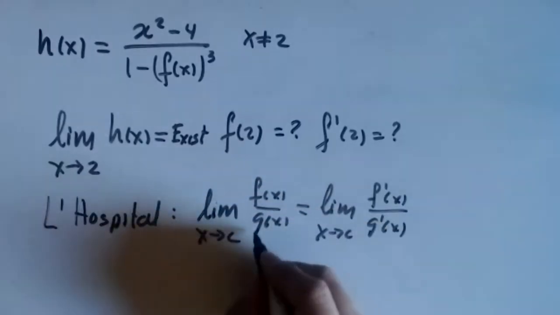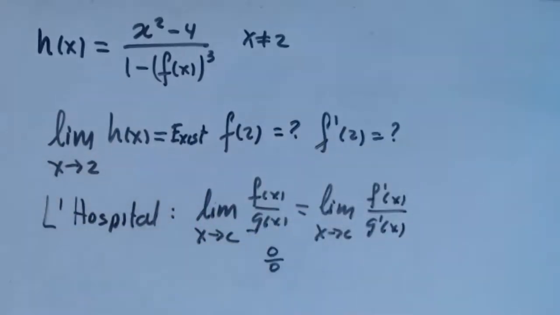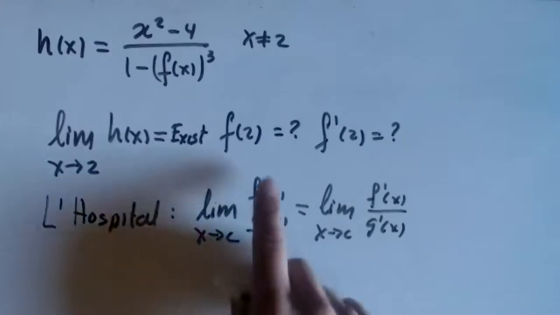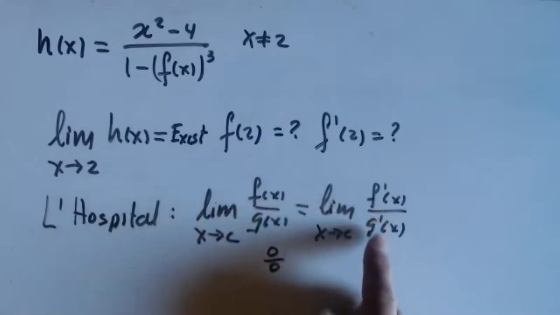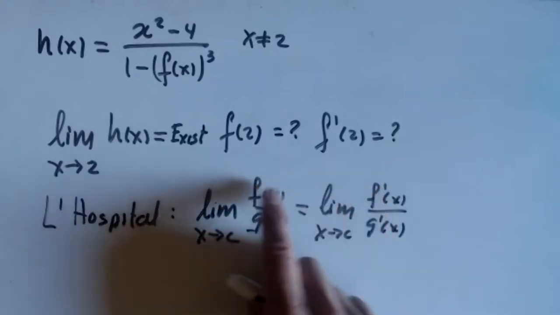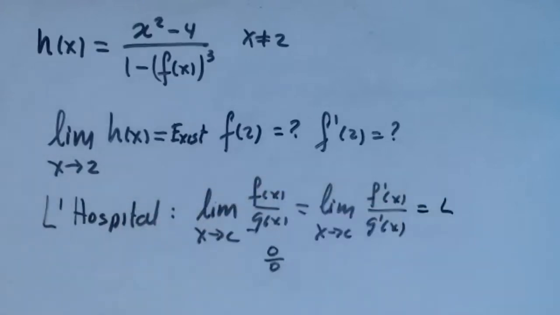So for a quotient that is undefined, usually 0 over 0, and you cannot factor and cancel, you can go to L'Hopital and try the derivative, if it is differentiable, and then you get a value. Here it says that the limit of h of x exists. Remember, the limit is the value this function may take.